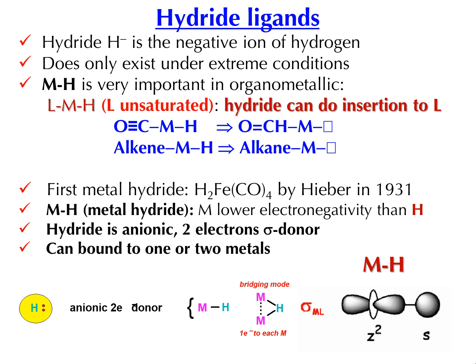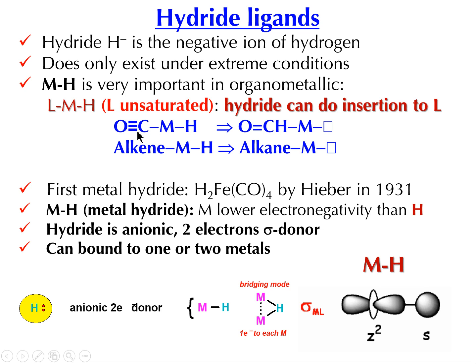The bond M-H is very important in organometallic chemistry for complexes L-M-H, where L is an unsaturated group. The hydride can do insertion into this unsaturated group L and transform it into a saturated one.